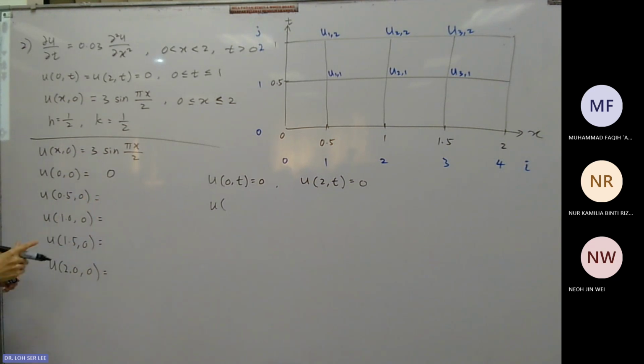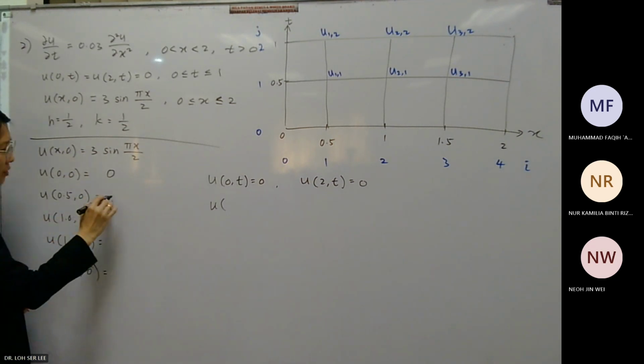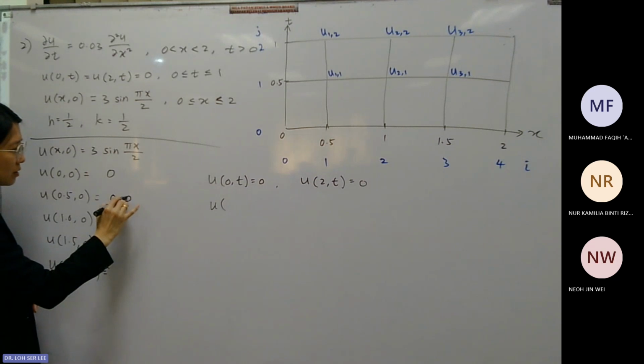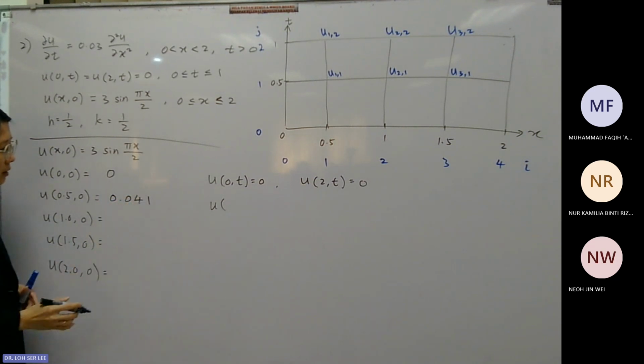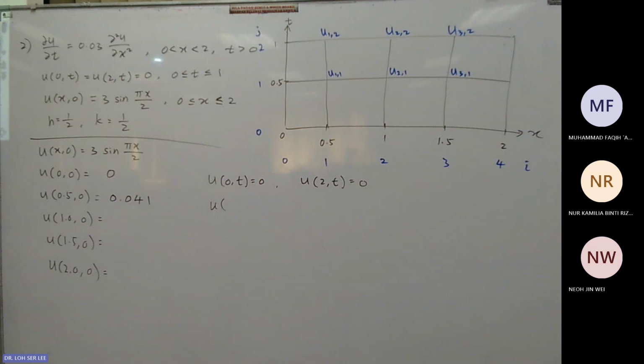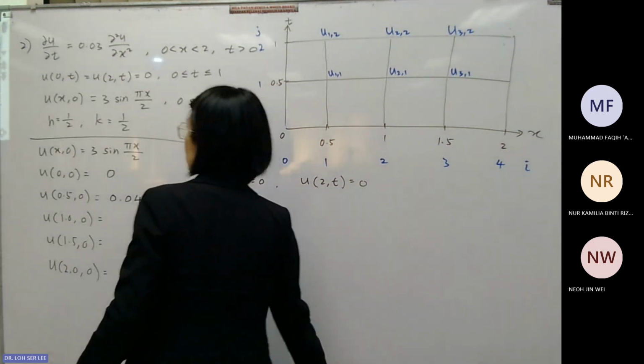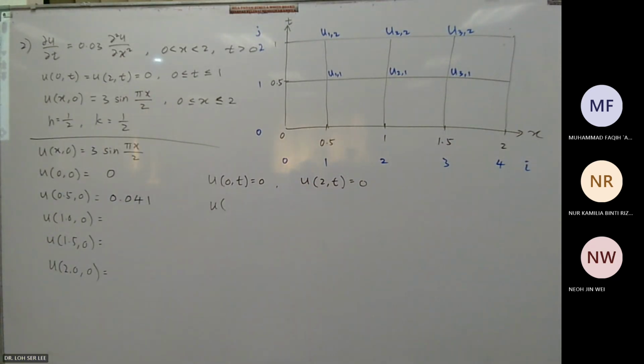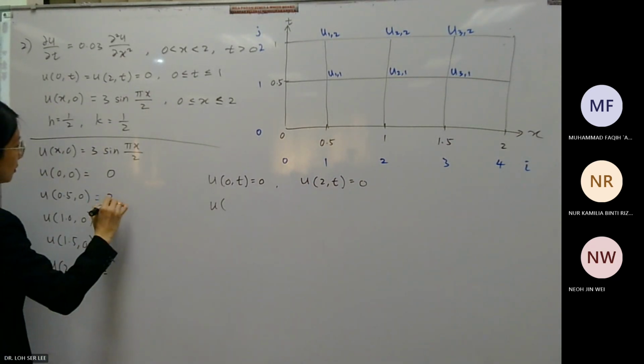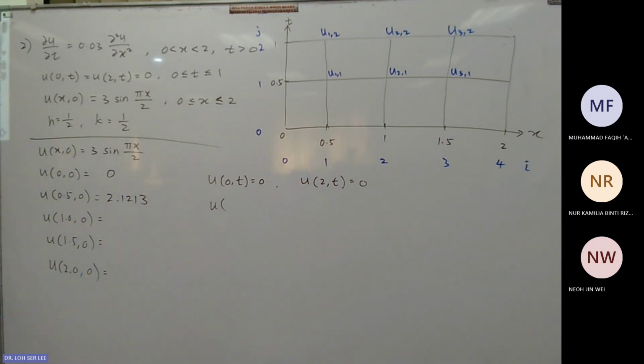What is the value for this one? 0.041. 2.1213. You have to use radian to find. 1.0.